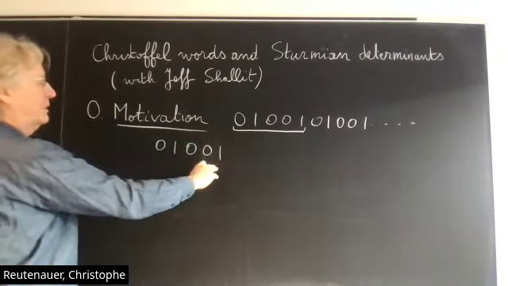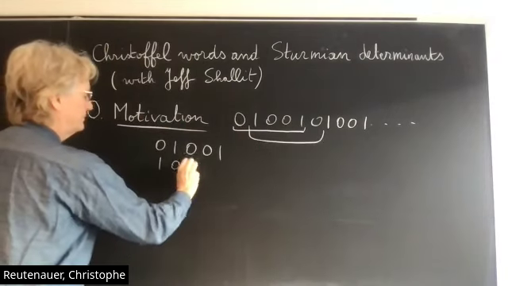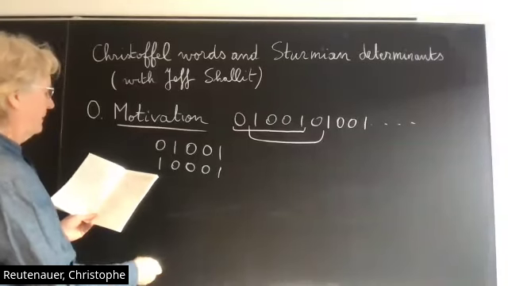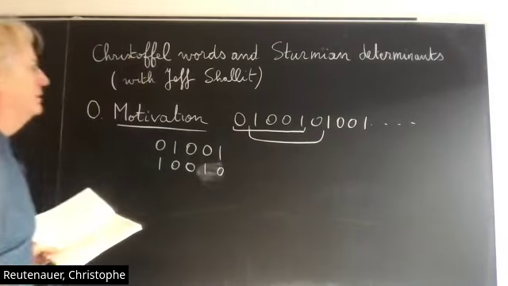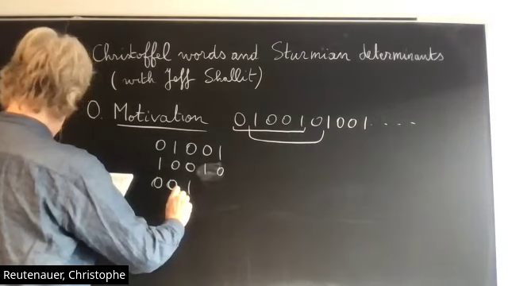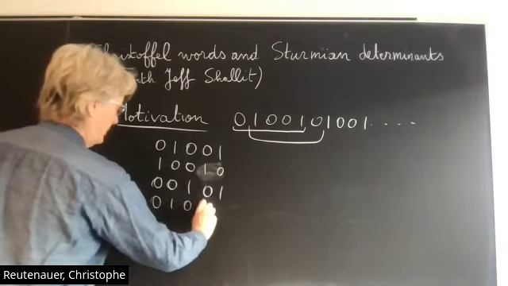So the second one is here, and so on. It's here 1, 0. Then 0, 0, 0, 1, 0, 1. Then 0, 1, 0, 0.